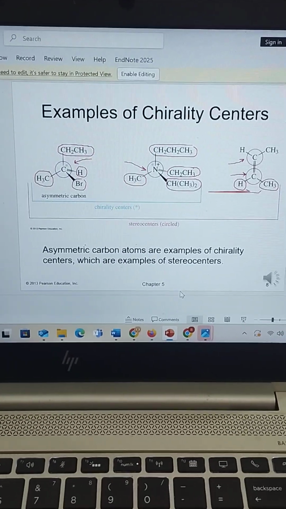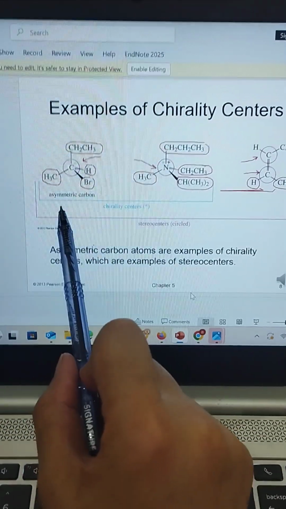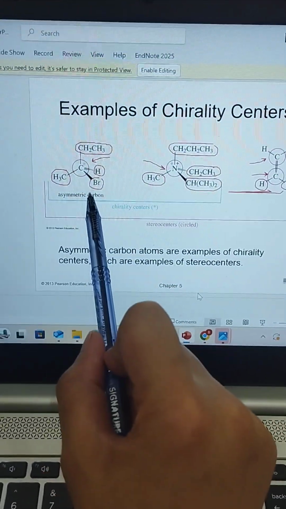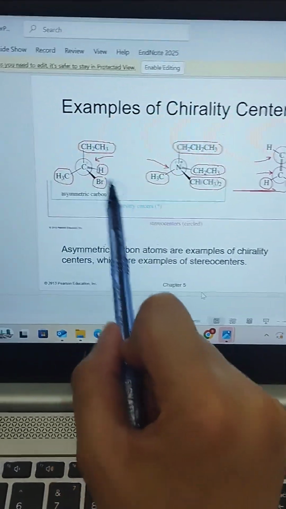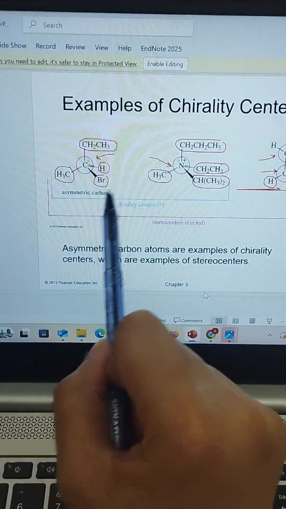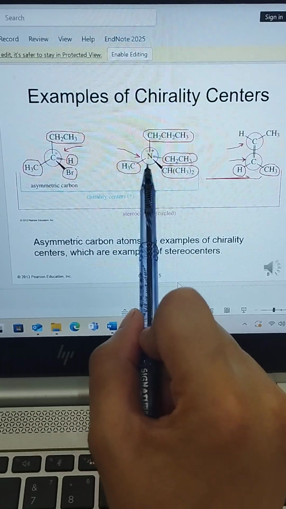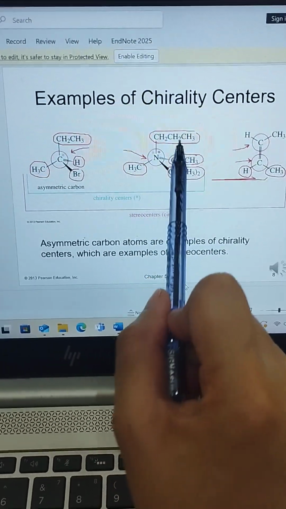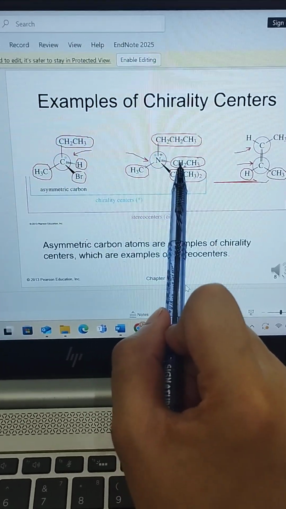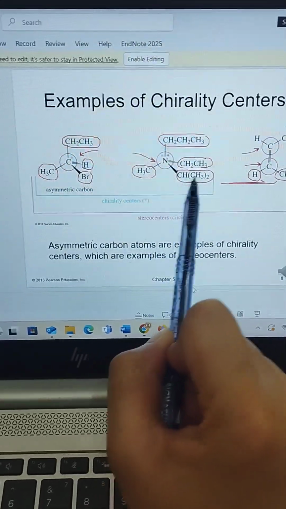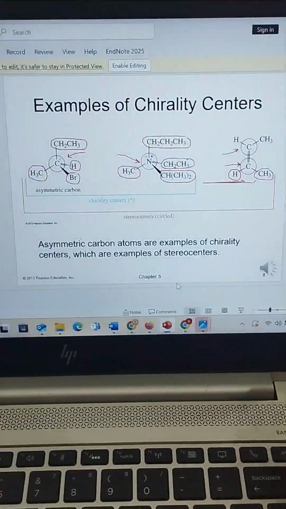For example, we have a molecule where 4 different groups are attached: methyl, ethyl, hydrogen and bromine. So this is an asymmetric carbon, or a chiral carbon. And there is another molecule, nitrogen, with 4 different groups attached: propyl, ethyl, isopropyl and methyl.